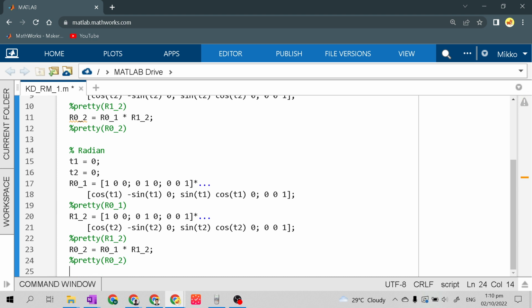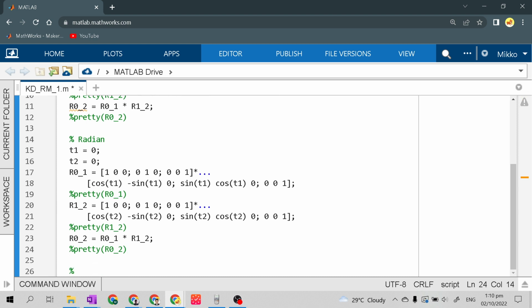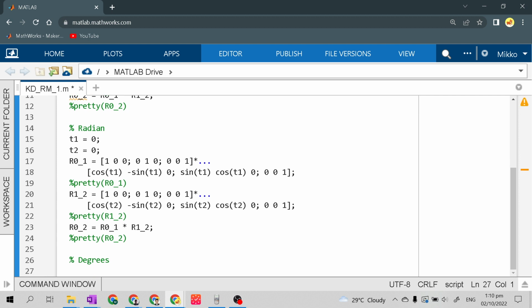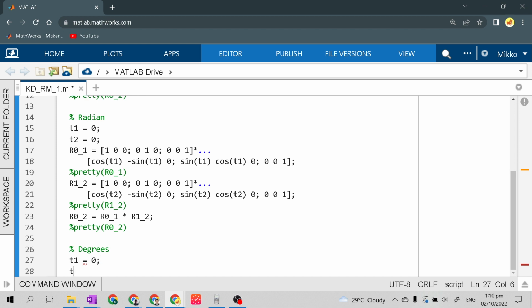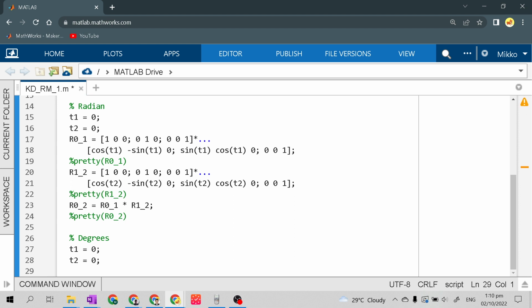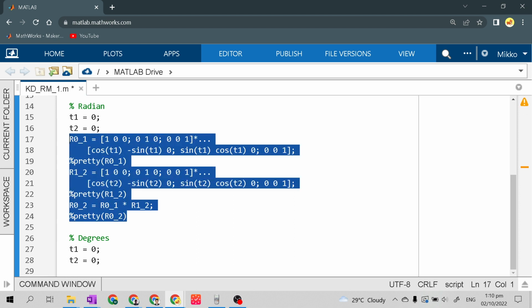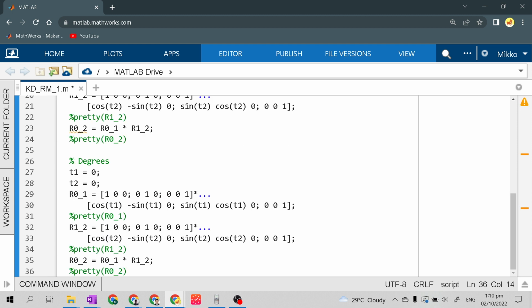Next, let's create another percent, degrees, for the unit of degrees. So T1 is 0 and T2 is equal to 0 degrees. Then let's copy this again and paste it under T2.